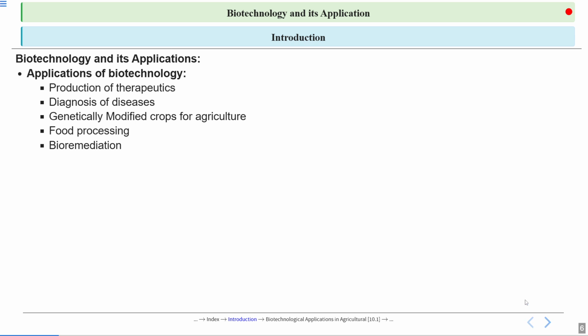Bioremediation is the process in which we use naturally occurring microbes, or deliberately add microbes, to remove pollutants from the environment. That is what we call bioremediation. So in this also we can use biotechnology. Waste treatment and energy production are all applications of biotechnology.